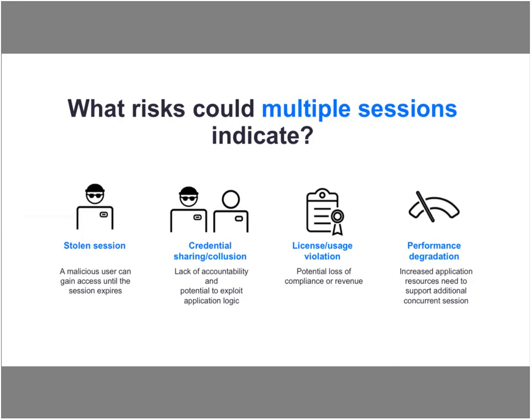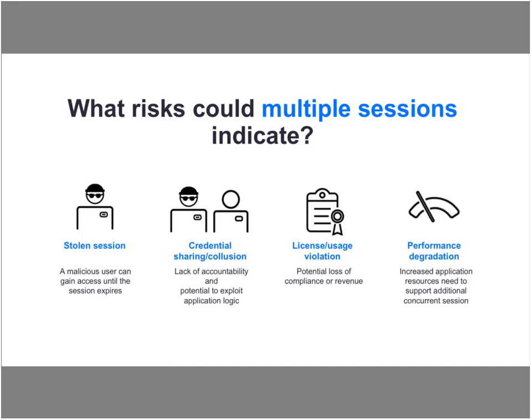So what risks could these multiple sessions indicate? The first one we've got here is a stolen session. Potentially if there are 2 active sessions and we think that a user only had 1 active session at once, then that means that someone has stolen the session and something potentially bad could happen.